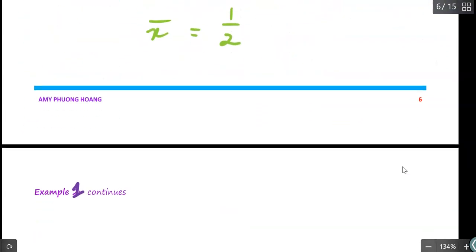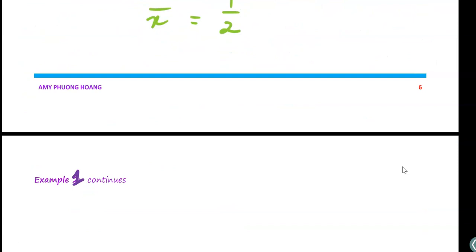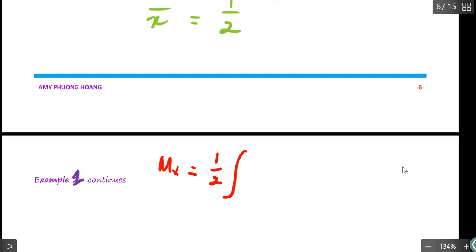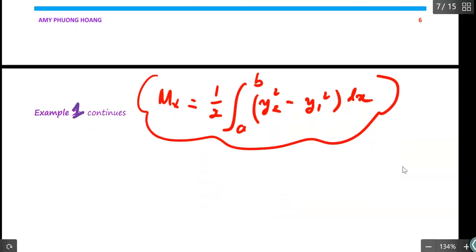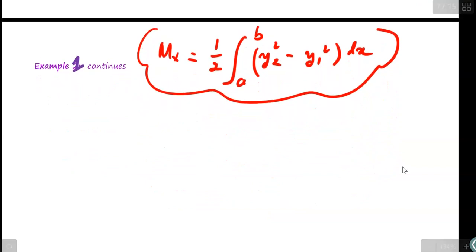Okay, so next step is we are going to find the Mx, and finding the Mx uses the half integral from a to b of y2 squared subtract y1 squared as a function of x. Okay, so we are going to use these formulas so that we just have to work with the vertical element.